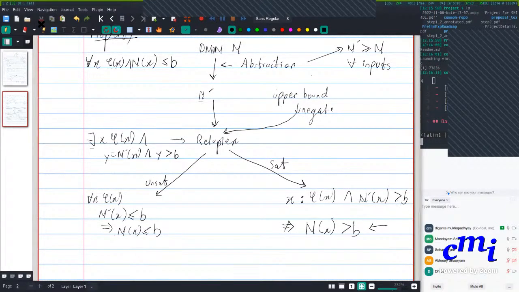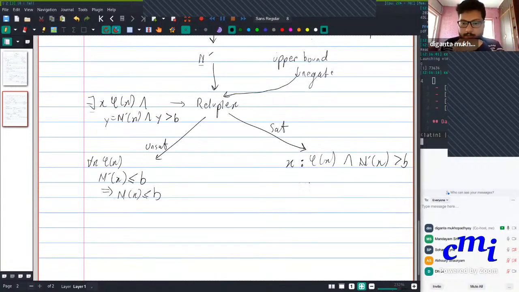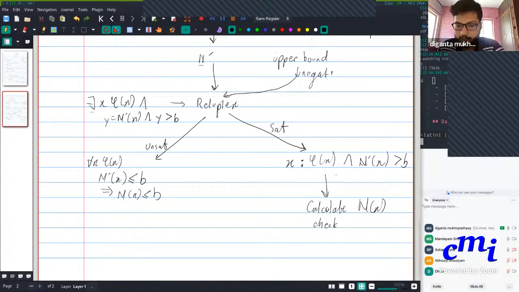So here also there can be two situations. Remember that this point x is just some vector that you've gotten out of Marabou, just some concrete set of values. So you calculate nx and check if nx is greater than b.